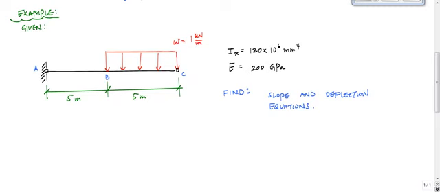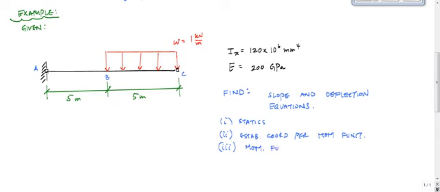The way we're going to solve this: one, do some statics. Two, and this is something maybe not everyone emphasizes but is really important, establish a coordinate system per moment function. Three, come up with moment functions, so you actually have moment functions to do the double integration.